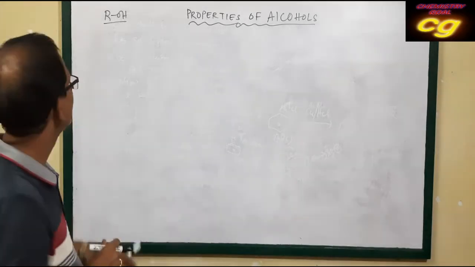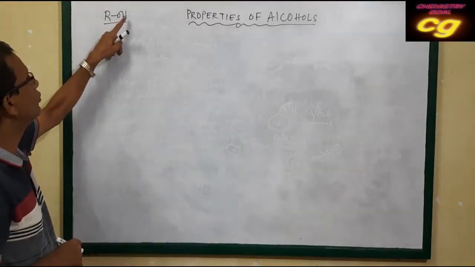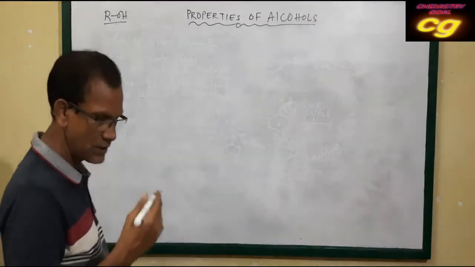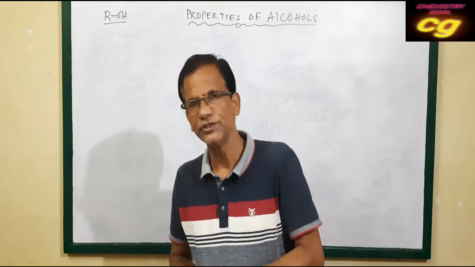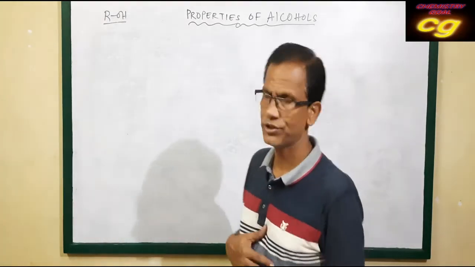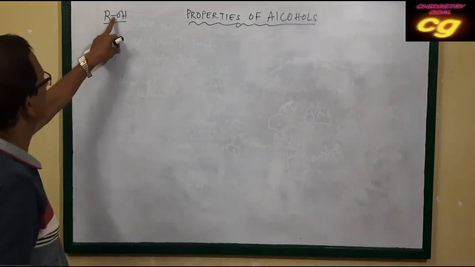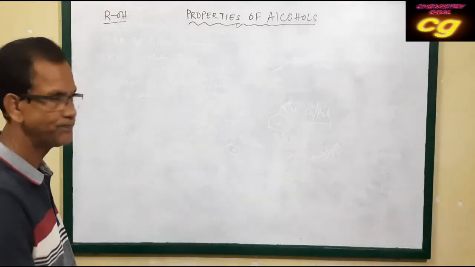If you see, alcohol contains a C-O bond and an O-H bond. So the chemical properties of alcohol depend upon the involvement of C-O or O-H. In some cases the C-O bond is involved, in other cases the O-H bond is involved.